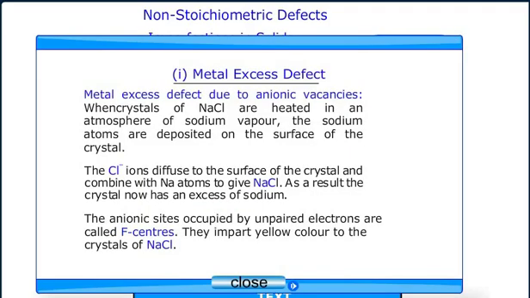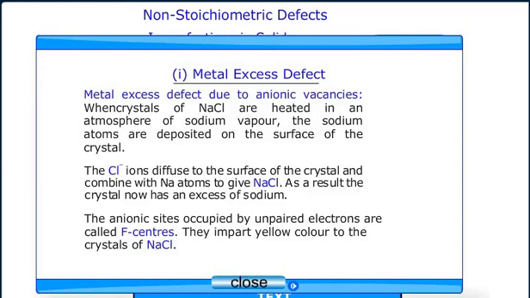Metal excess defect due to anionic vacancies. When crystals of NaCl are heated in an atmosphere of sodium vapor, the sodium atoms are deposited on the surface of crystal.